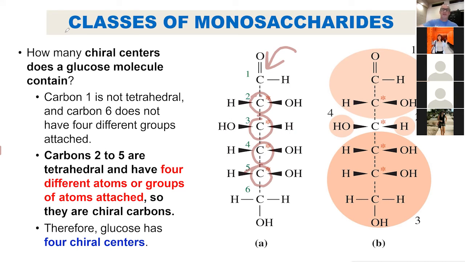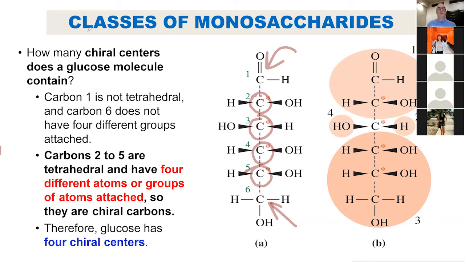How come carbon 6 isn't chiral? It's tetrahedral. How come it's not chiral? Two hydrogens. Right. It's got two things that are the same, so it can't be chiral. So it's only these four in the middle. Therefore, glucose has 4 chiral centers.